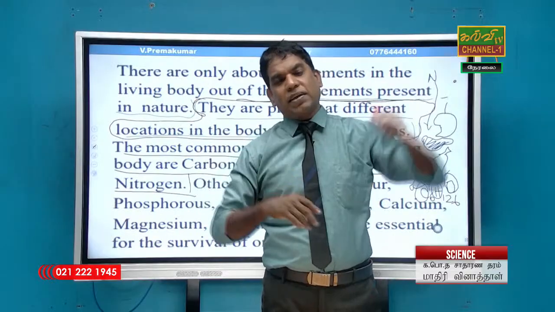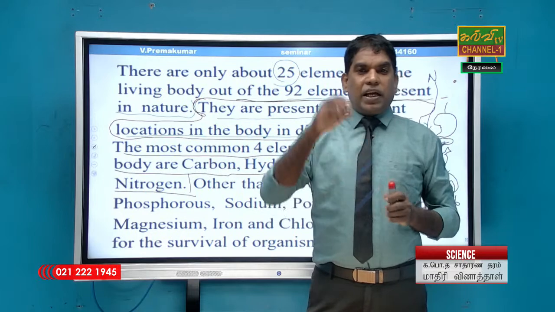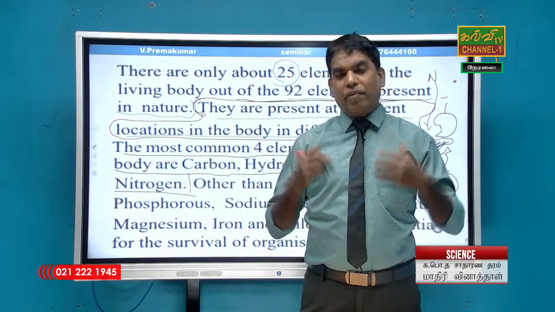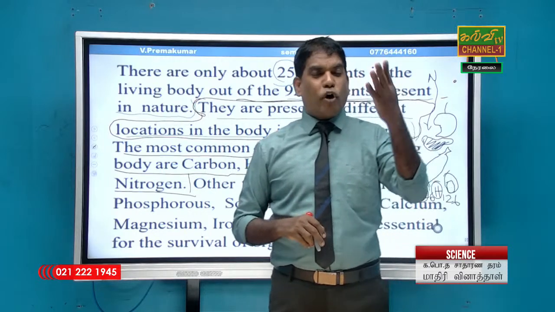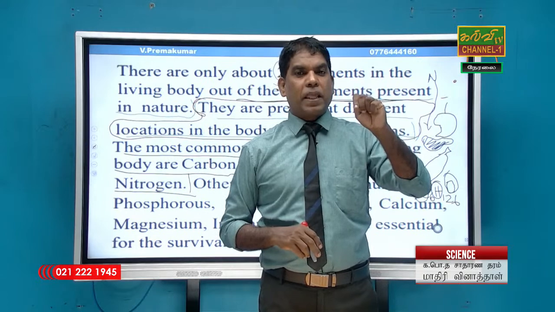We already discussed about it, right? Here they say there are 25 elements they have found in our body, but mainly there are 4 elements. What are they? Carbon, hydrogen, oxygen and nitrogen.